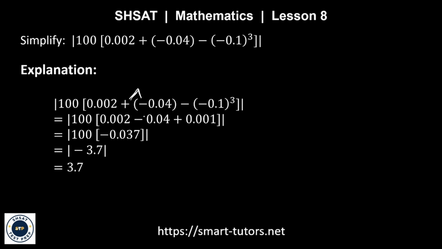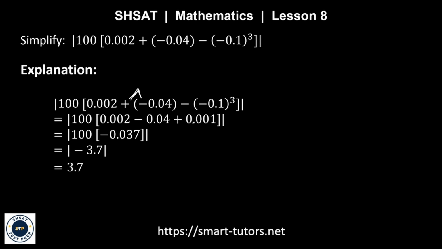And to the third, now you can apply the third to all of these numbers. You apply the third to the 0.1, so you get 0.001, and now you have all of this inside, and now you would just simply operate.